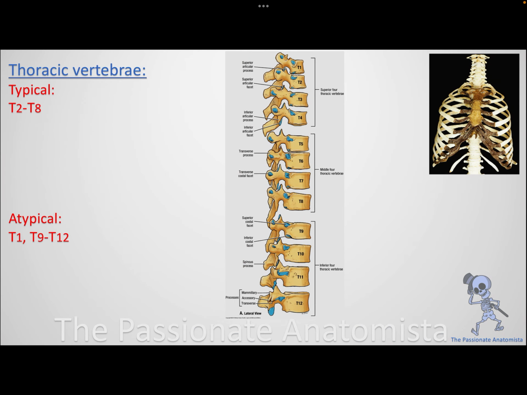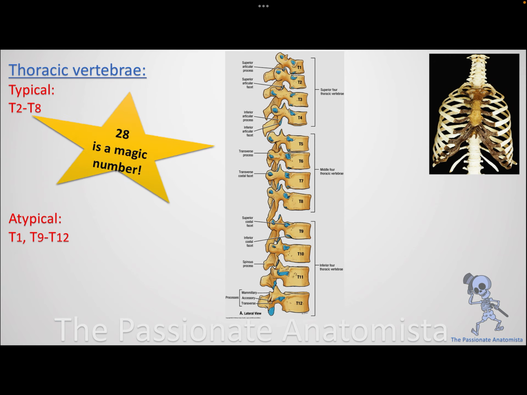All right. Now moving on to talk about the thoracic vertebrae and talk about the ribs. We have typical and atypical thoracic vertebrae. What are the thoracic vertebrae, the typical ones? It's starting from T2 to T8. So guys, remember that T2 to T8 are typical thoracic vertebrae. We're going to talk about the vertebrae first, and then we're going to talk about the ribs later on.